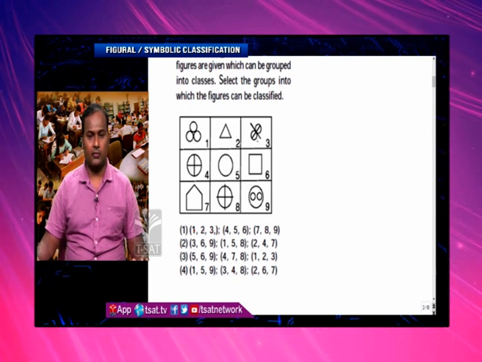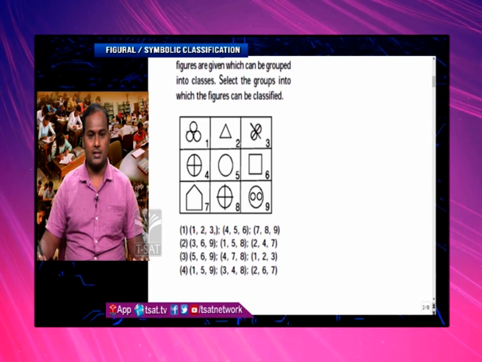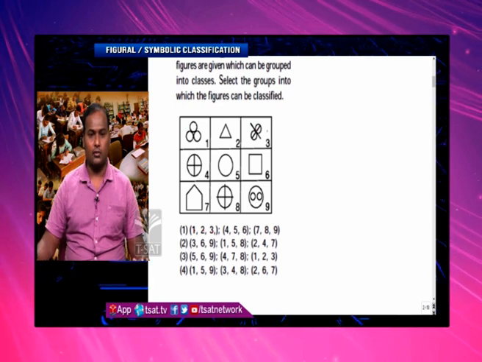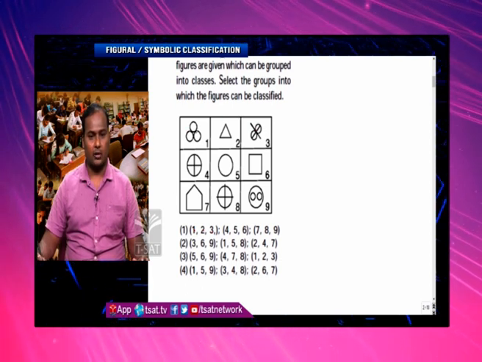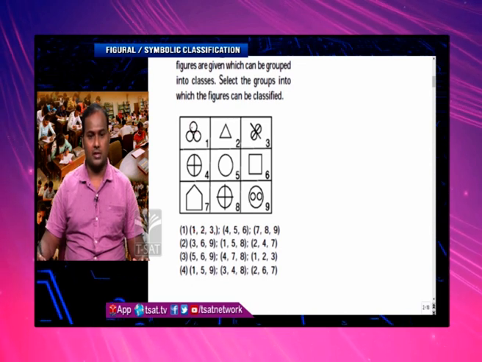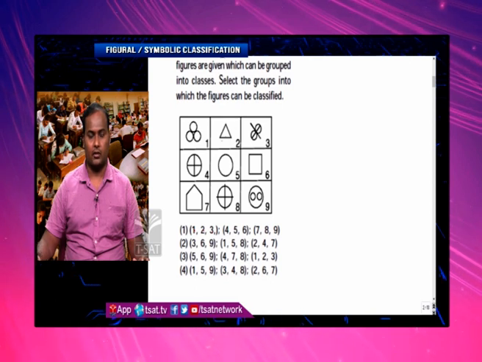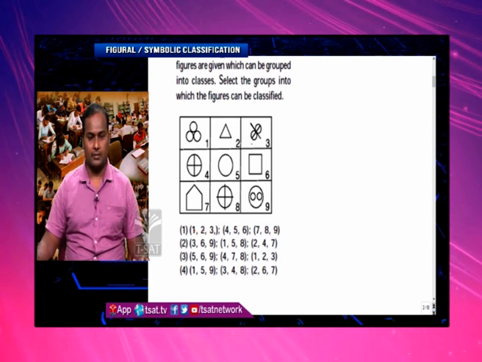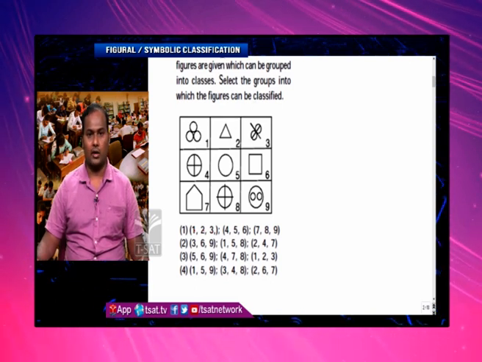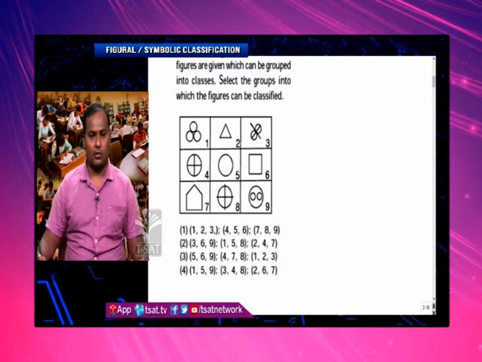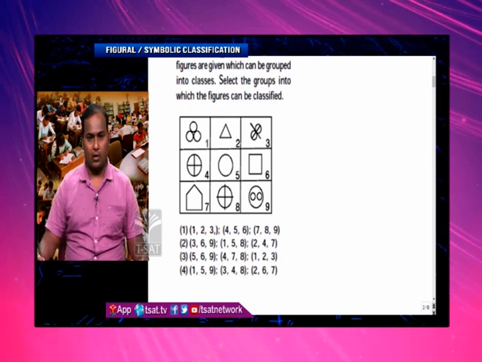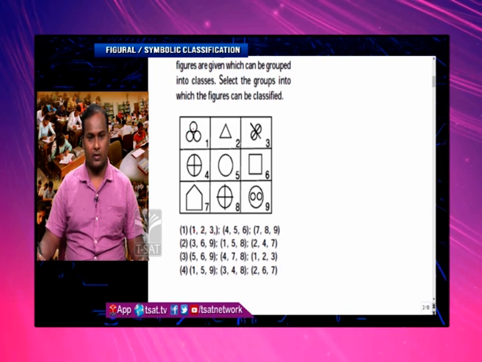Whenever you see a question, you need to find out what exactly the question is asking. In this question, he is talking about circles, about polygons like triangle, square and pentagon, and again there are some lines in between. Based on this, we will try to classify. In block 1, you have a circle.